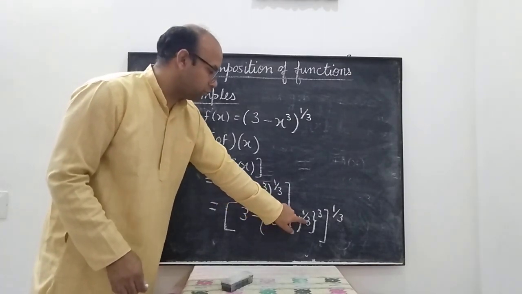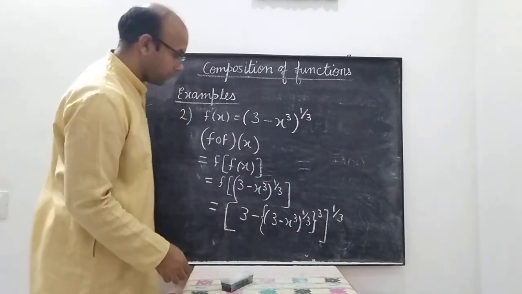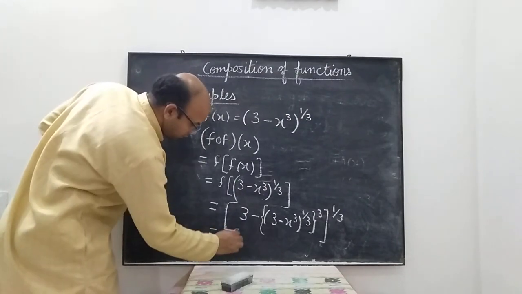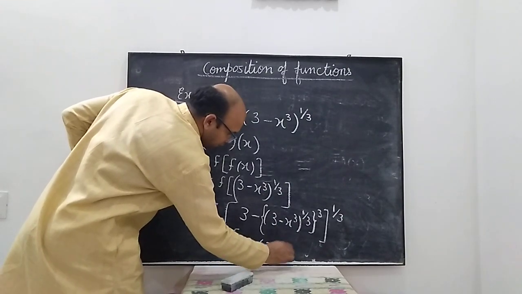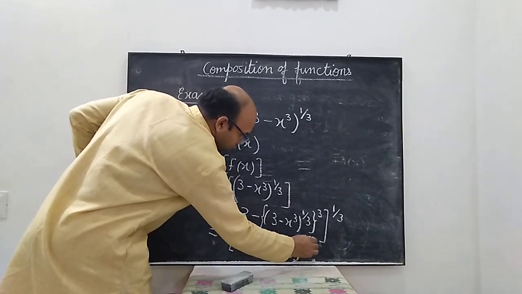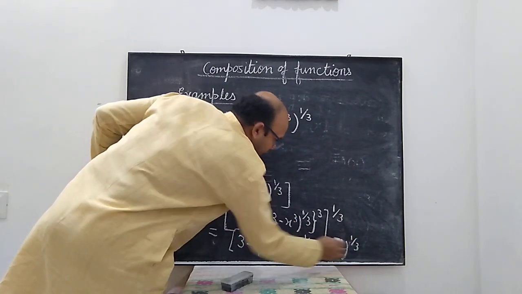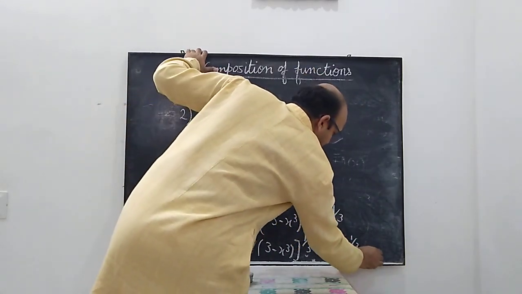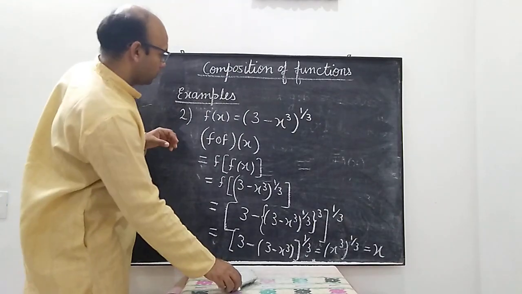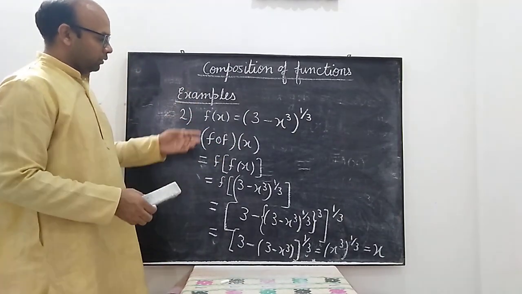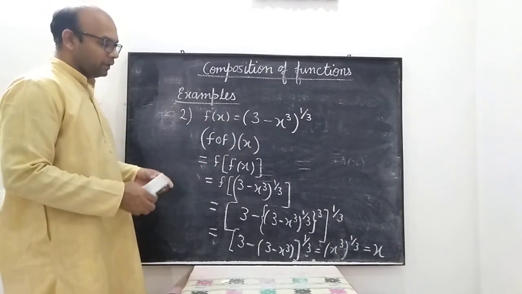So 3 minus x cube to the power 1 by 3 whole to the power 3, and then if you raise it to the power 1 by 3, so this is 3 minus x cube to the power 1 by 3. So this is x cube to the power 1 by 3, and this will give you x. So this is how we can calculate. If the function is given, then f composition f can be calculated.